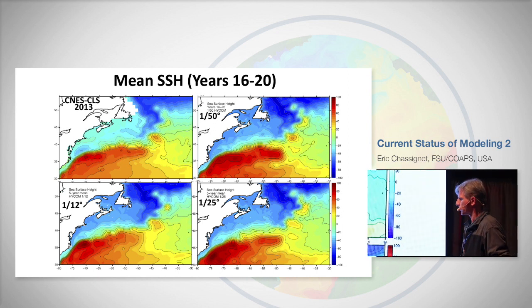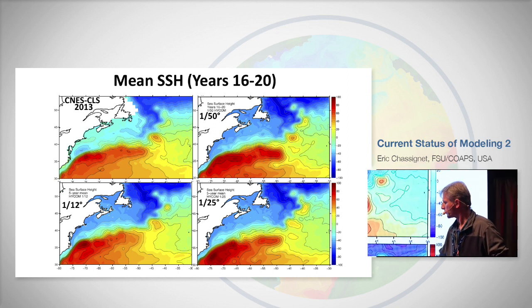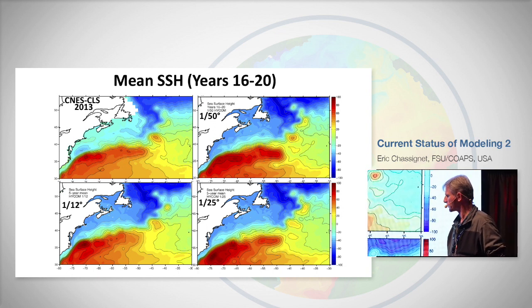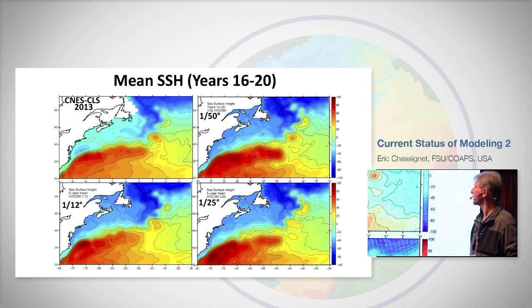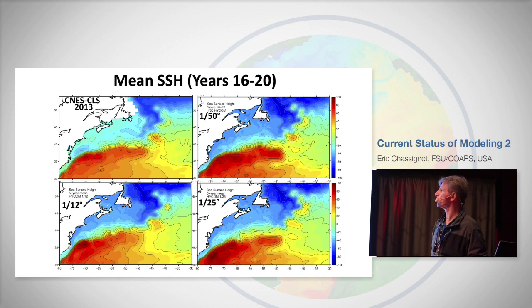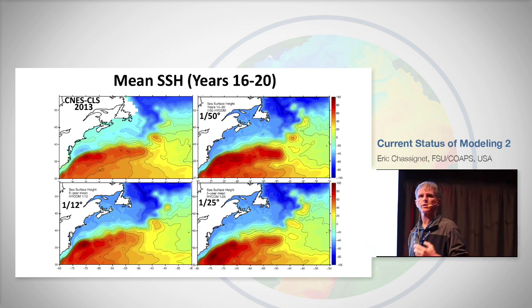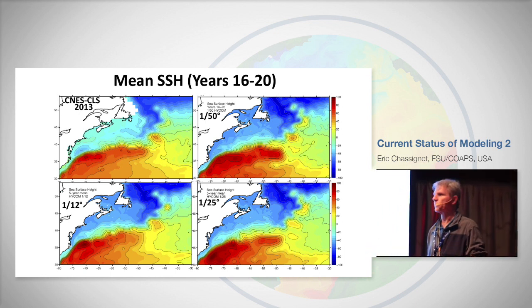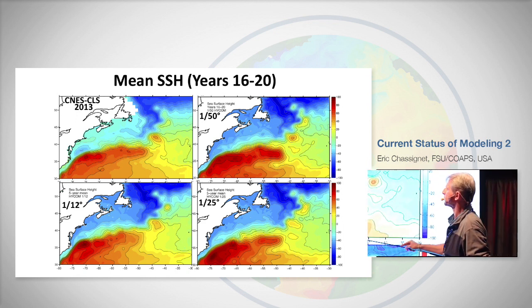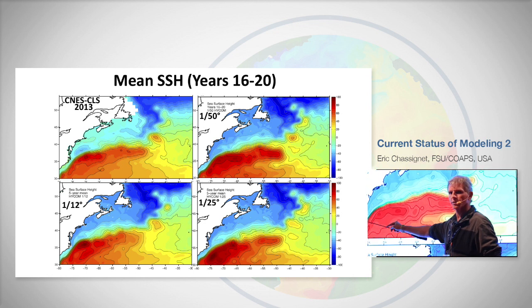When you switch to 1/25th degree, you get a stronger recirculation, but again, you have a hard time passing that longitude here. And it's only, at least in this particular simulation, that when you go to 1/50th degree and you start to resolve the submesoscale, you have a mean sea surface height that very closely resembles the observation.